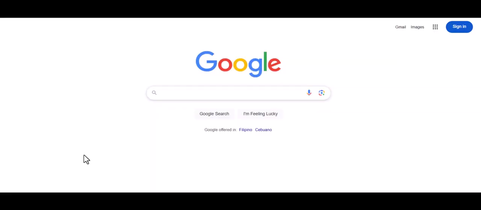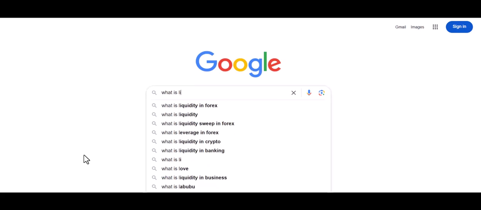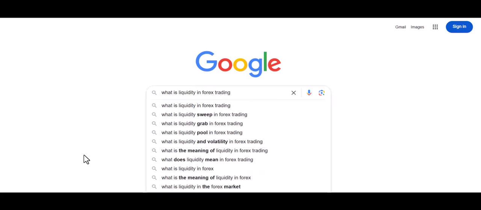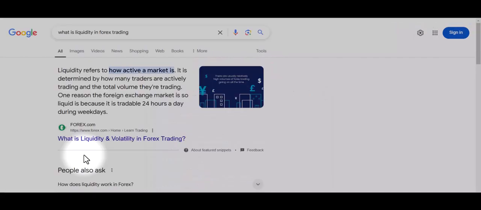All right, so what is liquidity? According to forex.com, liquidity refers to how active a market is.